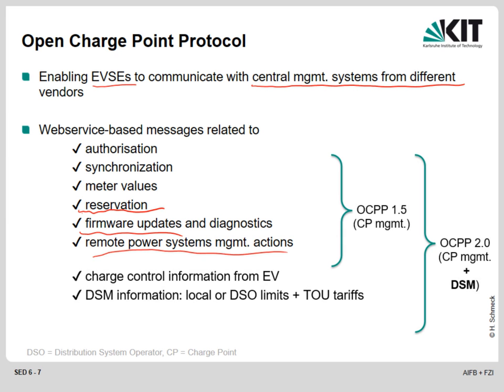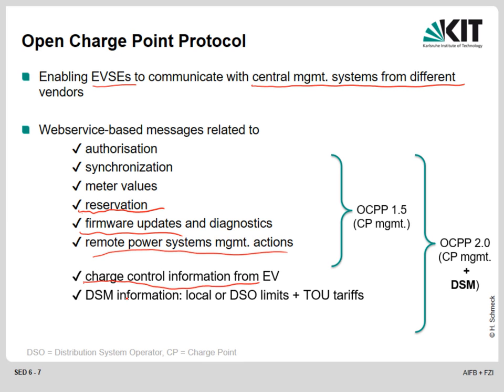There are two versions, 1.5 and 2.0. Meanwhile, 2.0 is on the market. There you also get charge control information from the electric vehicle. If you don't know how much energy the electric vehicle needs, you cannot really perform reasonable demand-side management. You have to know exactly how much energy is needed.